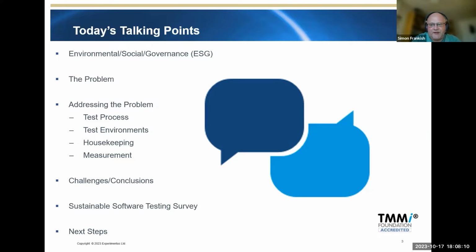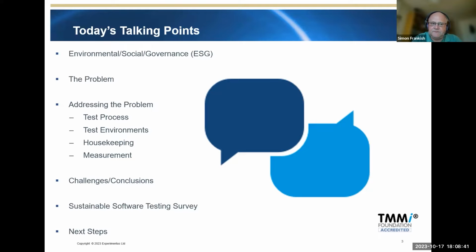We've split that into four areas: test process, test environments, housekeeping, and measurement, and there are a number of different areas in each of those that we'll cover fairly briefly. We'll look at the challenges and try to draw some conclusions. Then we'll look at a sustainable software testing survey which we've developed, which people can use to measure their own sustainability in their software testing. And finally, we'll talk about what next steps may be in this area.